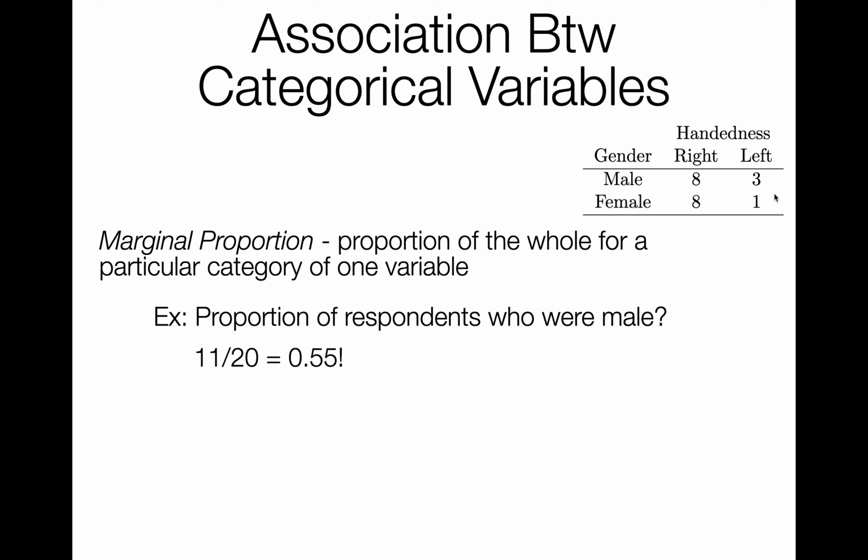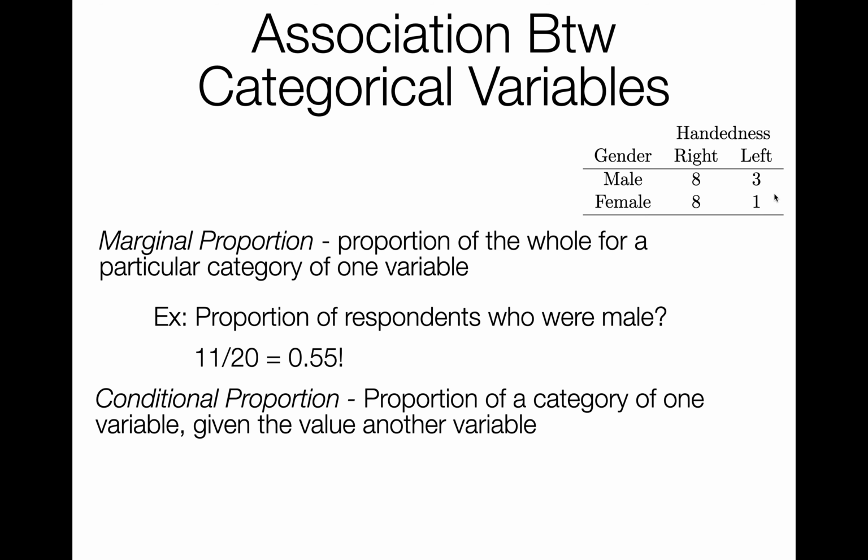The second type of proportion is a little bit trickier, but it is actually used to give stronger statements. So it's more powerful and yet more tricky, as most things are in the world. A conditional proportion is the proportion of a category of one variable given the value of another variable.